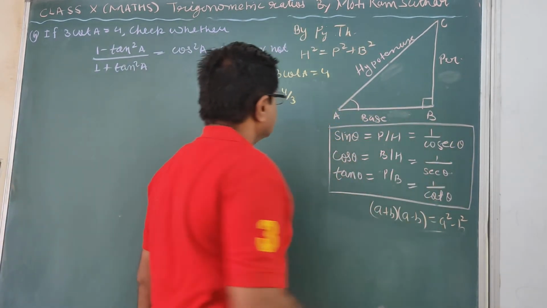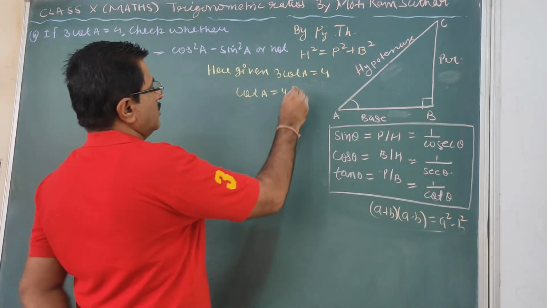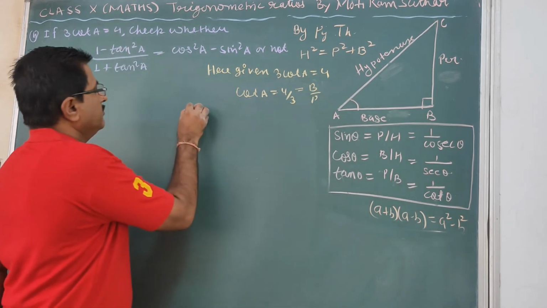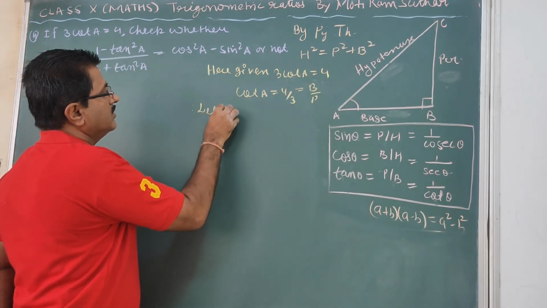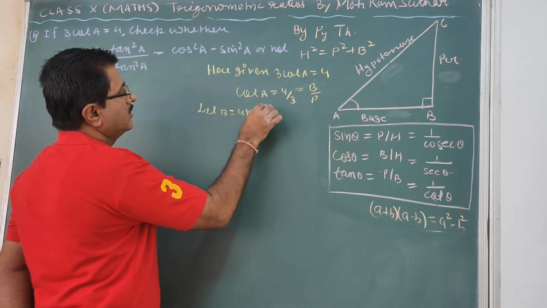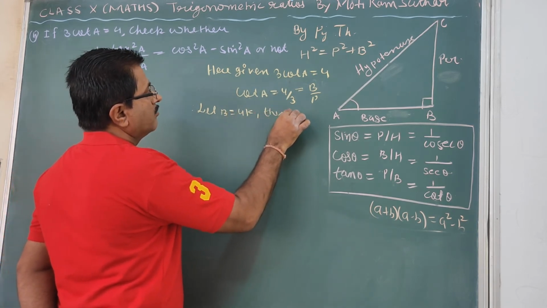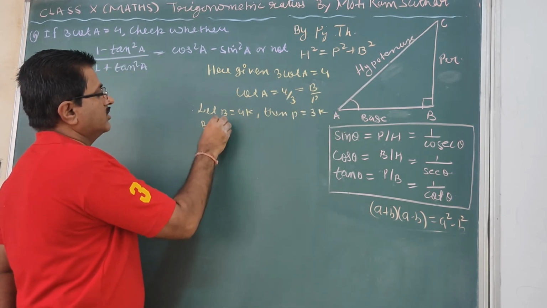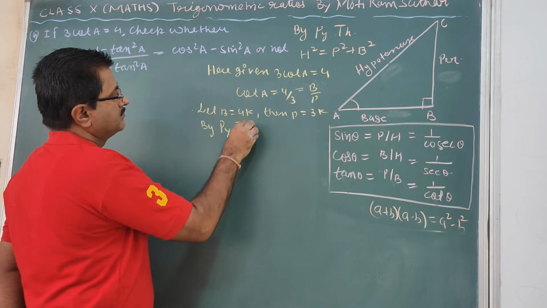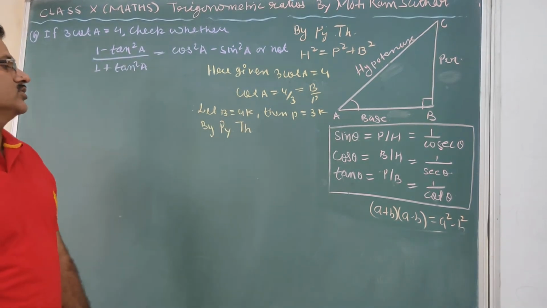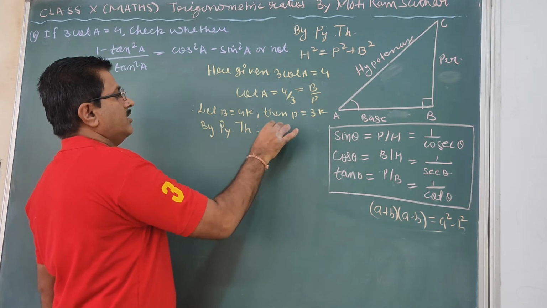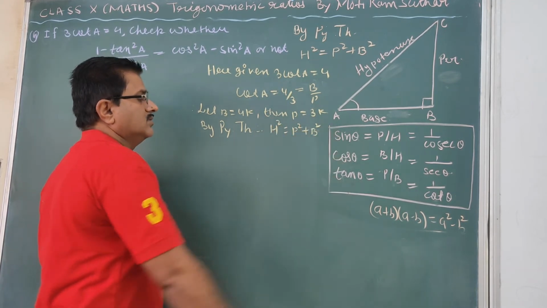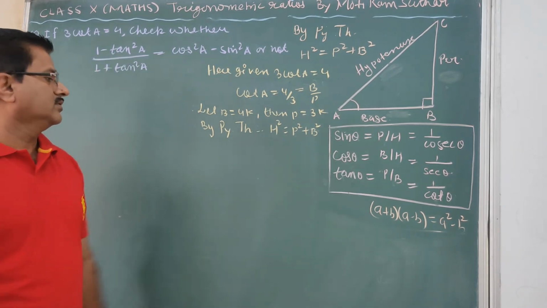Taking this triangle, cot A is equal to base upon perpendicular. It means let base equal 4k, then perpendicular will be 3k. Now by Pythagoras theorem, h square equals p square plus b square. Now we put p and b.